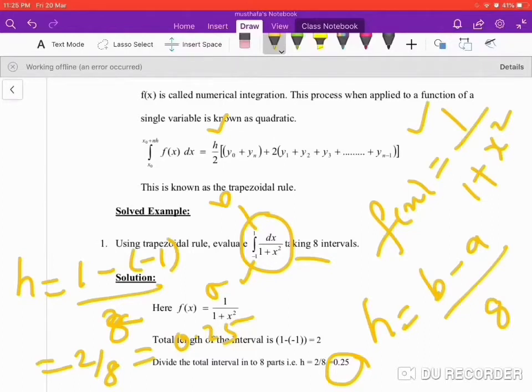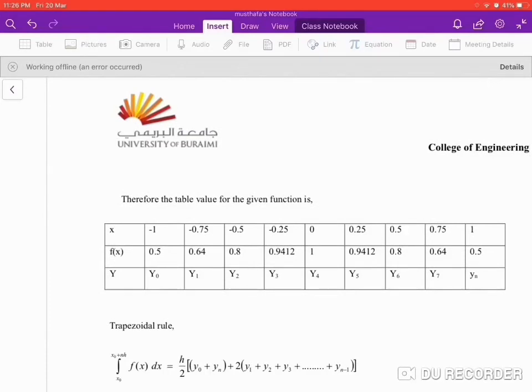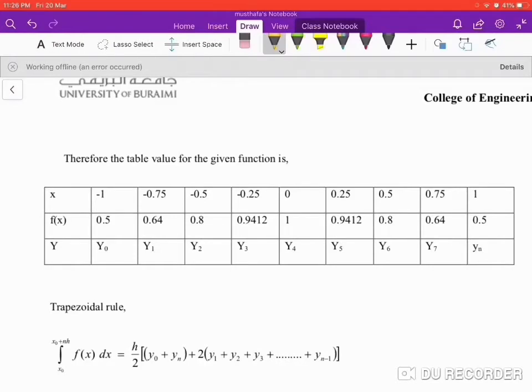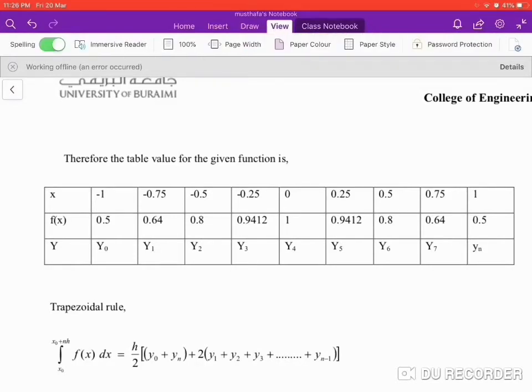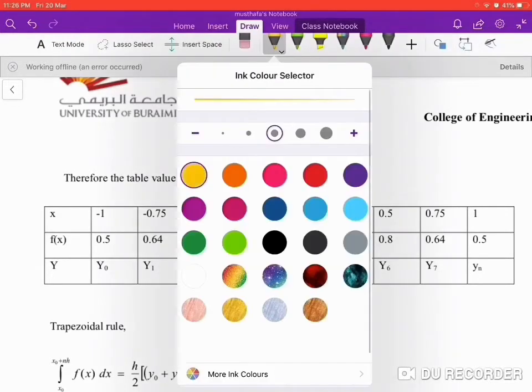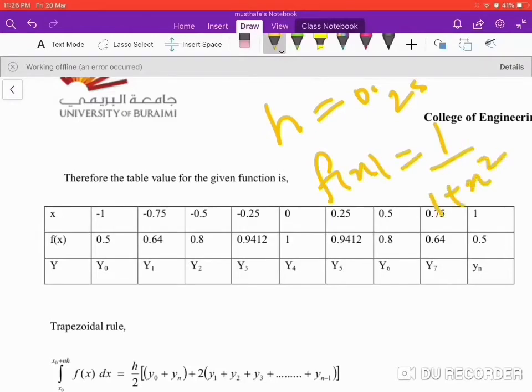Using these two terms, let us form a table to calculate the integral value. Look at this table. This table is formed with the basic results we obtained before: h is equal to 0.25 and f of x is equal to 1 over 1 plus x square.